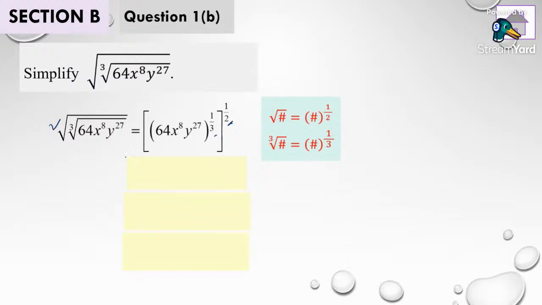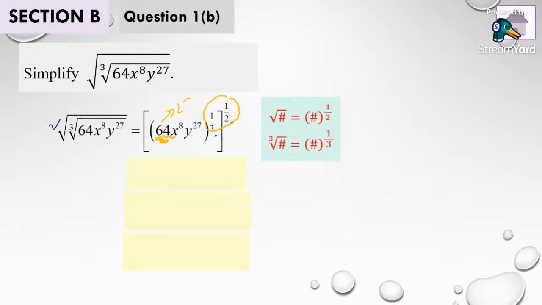After I get to this form here, the next thing I want to do to solve the question is simplify the power here. And at the same time, 64 here, I would like to convert to some base number power of something. So maybe for 64, I will consider 2 power of something.